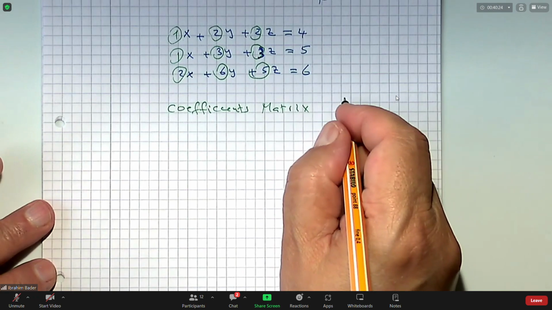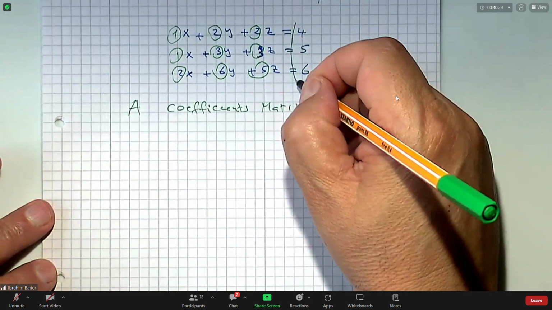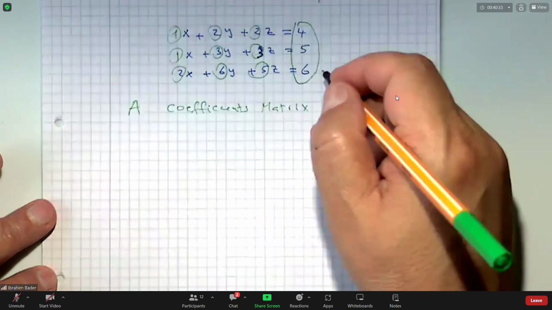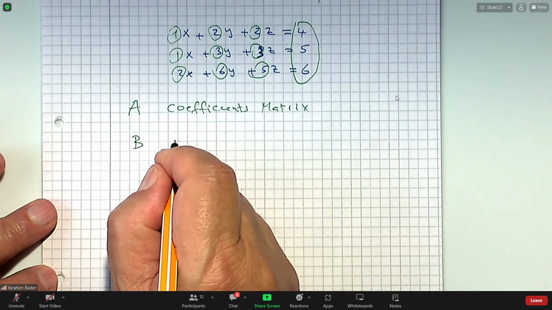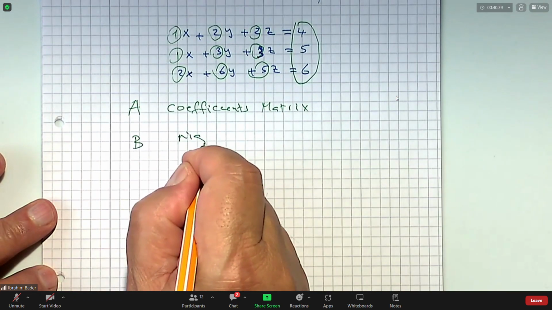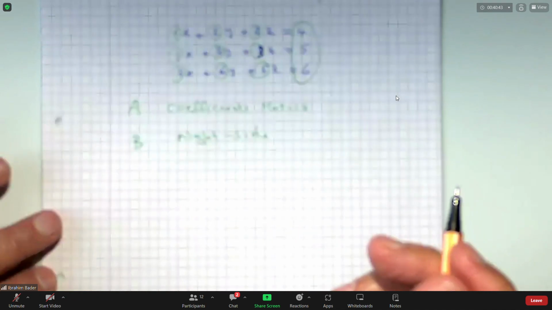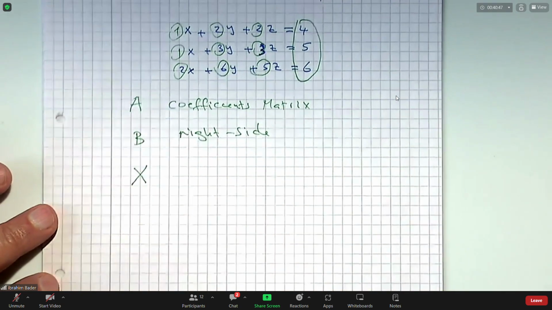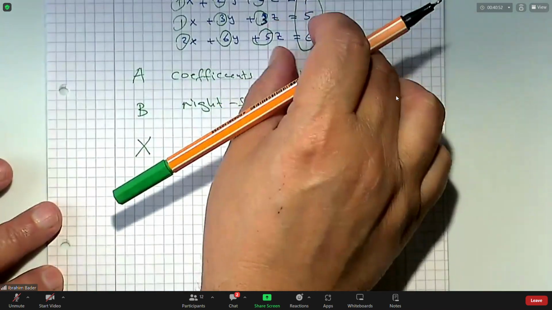Let me call it A. I will take this column here and I will just call it B, the right-hand side of the equation. Notice that this right side is a vector, a one-column vector.